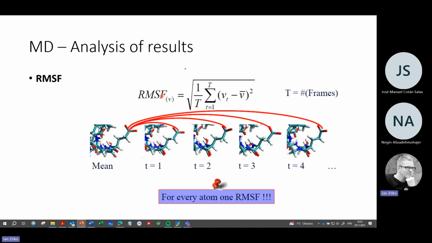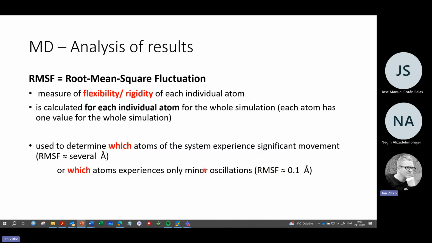So this RMSF is a time-averaged value, and it can be defined for every atom in the system alone, or for a ligand, for example. But you get only one value for the whole simulation. This is the basic difference. The RMSF is a measure of flexibility. It helps you to determine not when, but which atoms of the system experience significant movement.